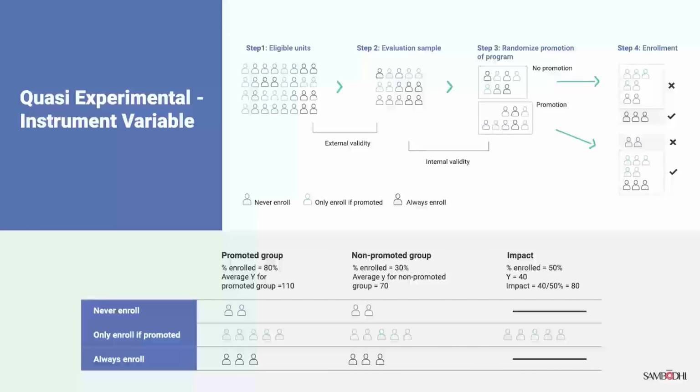After this, enrollment is listed. Finally, when the evaluation is taken over, it turns out that the promoted group leads to 80% enrollment and the non-promoted group leads to 30% enrollment. This ultimately leads to an impact of 50%.